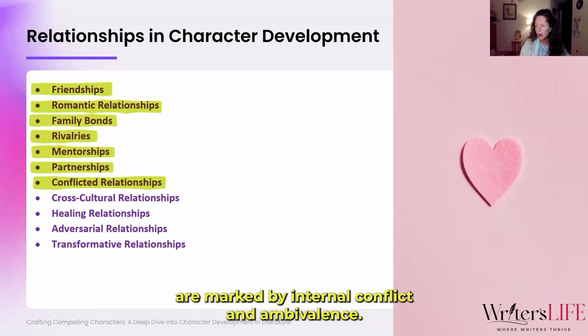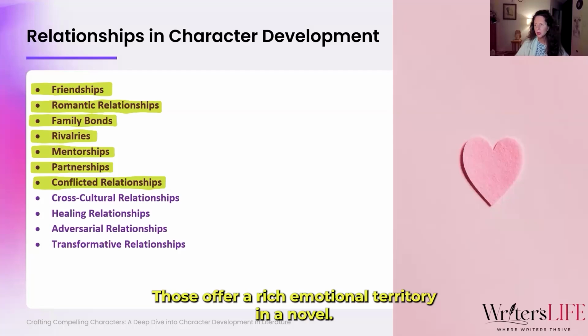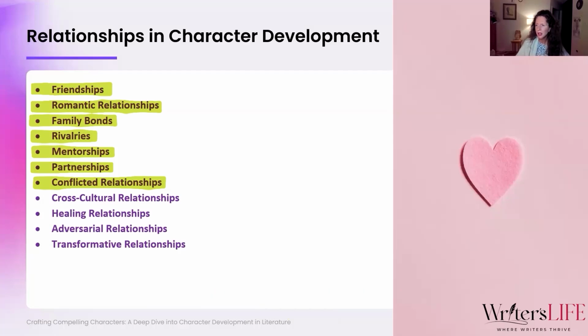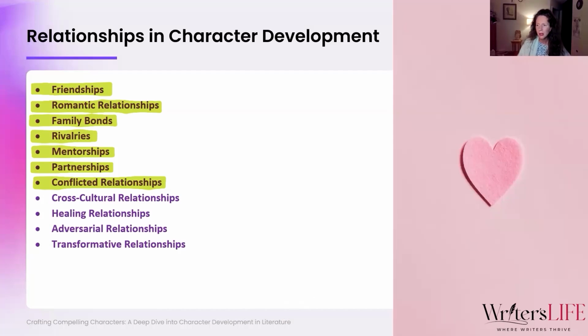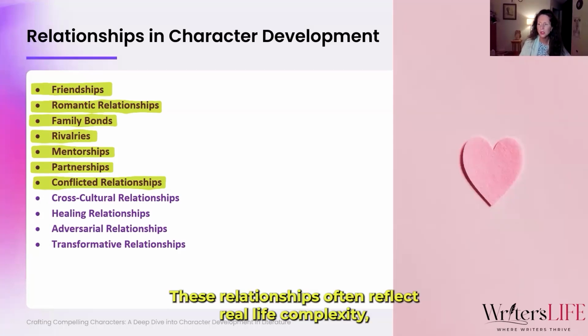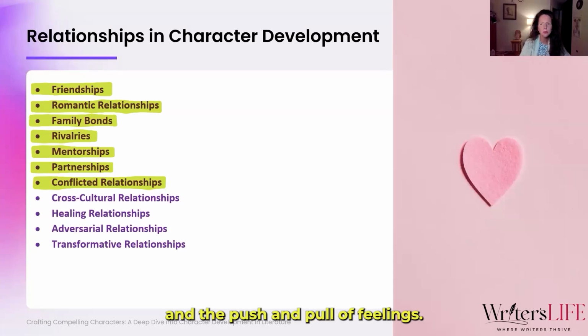Conflicted relationships are marked by internal conflict and ambivalence. Those offer a rich emotional territory in a novel. Characters, for example, who love yet resent each other, or who feel torn between conflicting loyalties, provide a nuanced view of human emotion. These relationships often reflect real-life complexities and the push and pull of feelings.